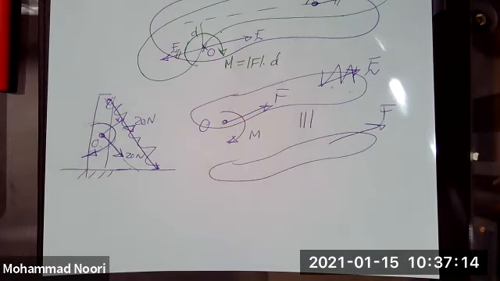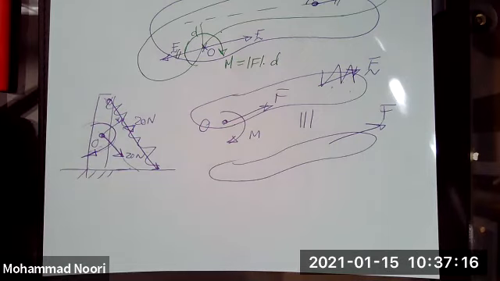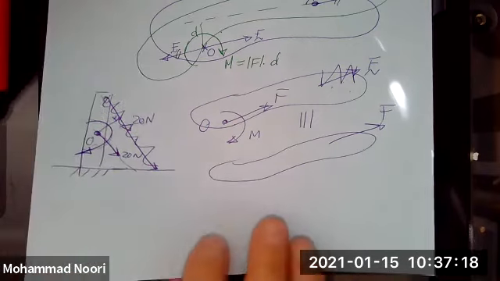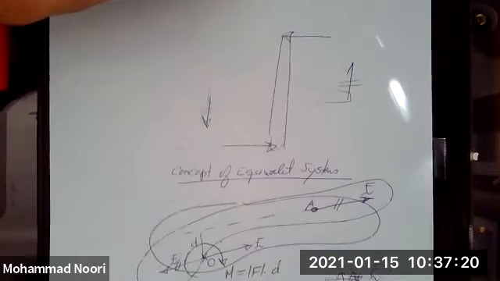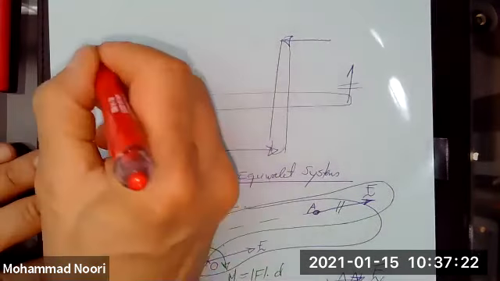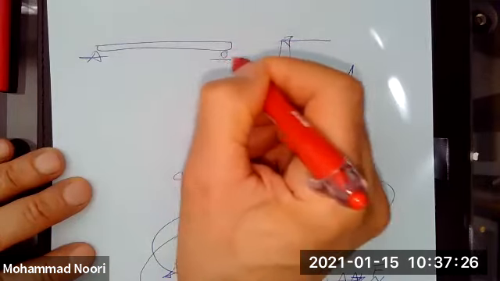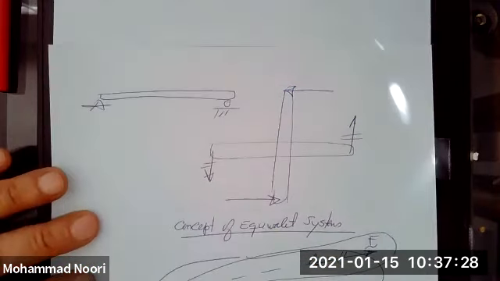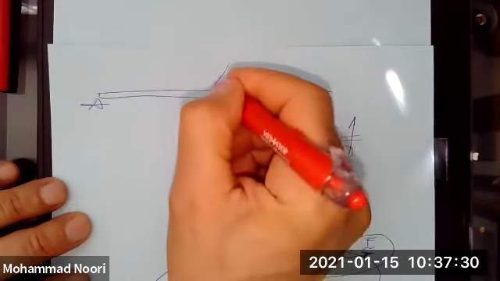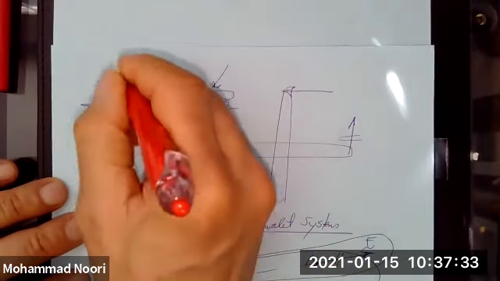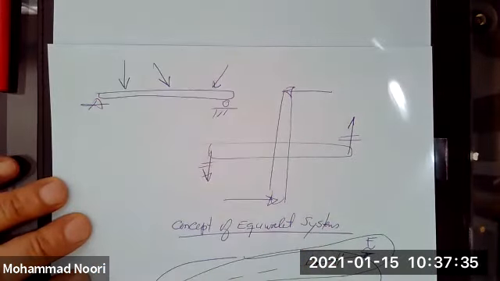And we will see the importance of this concept later on. You will see that if we have, for instance, a structure, later on we'll see that soon, next week, you have several forces acting on this structure.